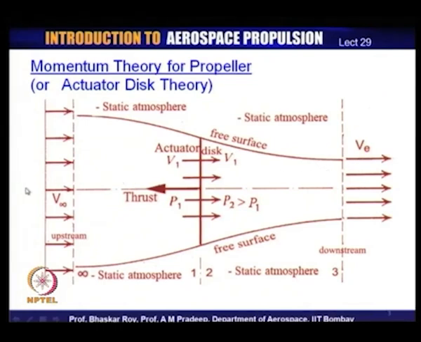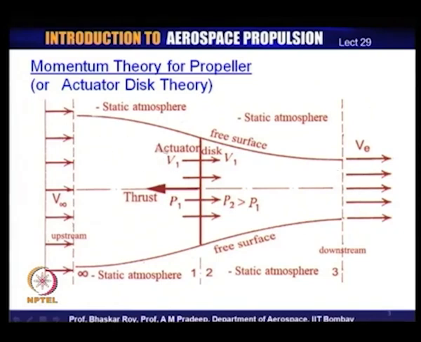So, it comes in with a velocity v infinity taken at far upstream of the actuator disc, and far downstream of the actuator disc you have exit velocity, let us say v e. And this entire domain has this free surface.